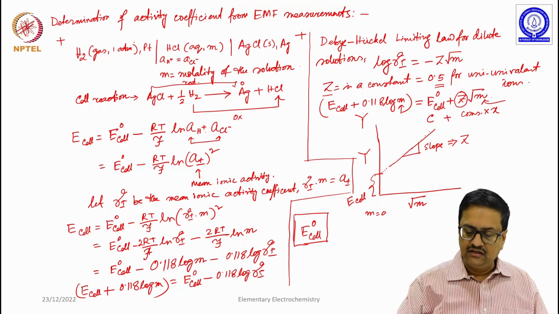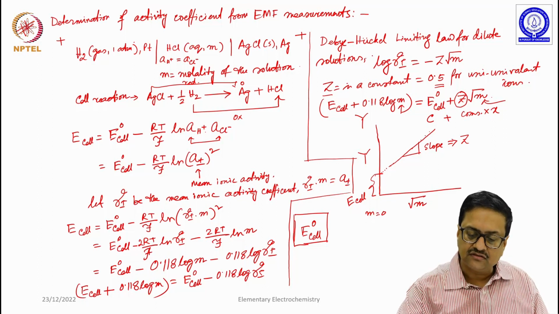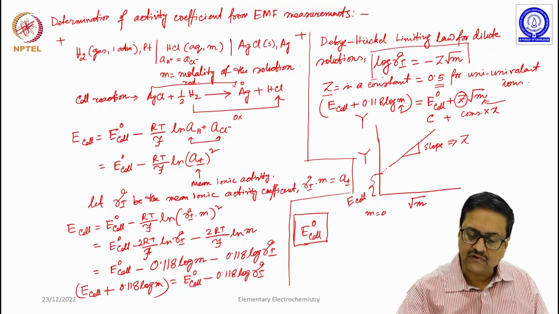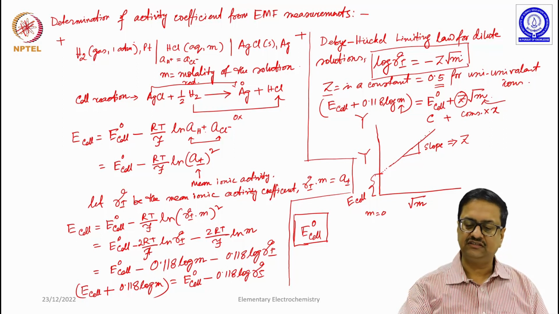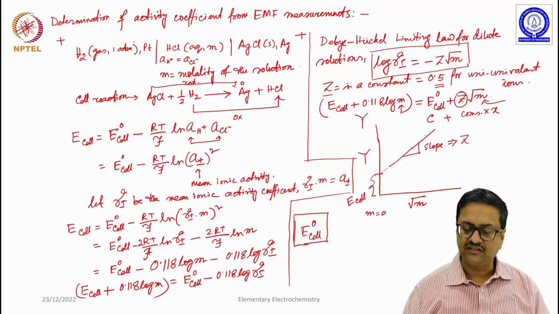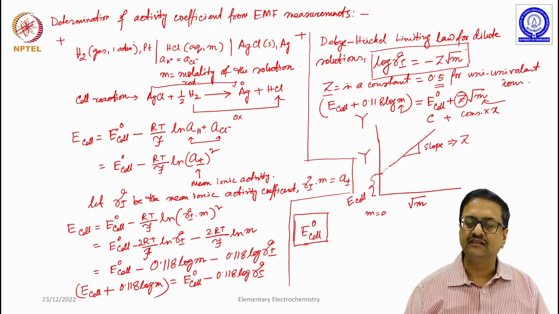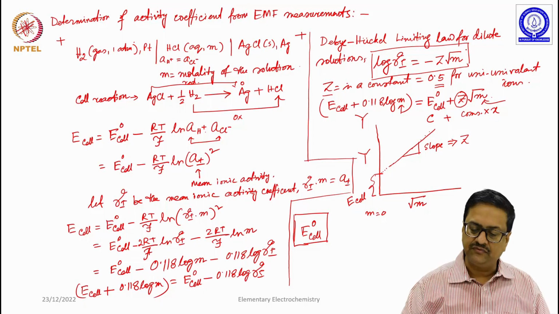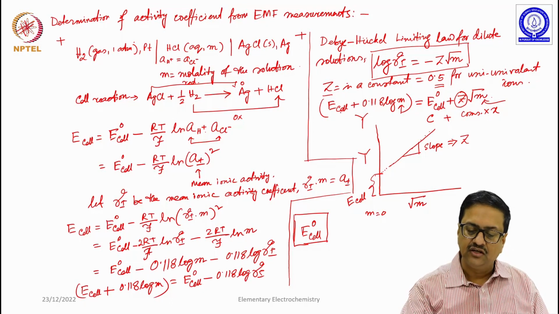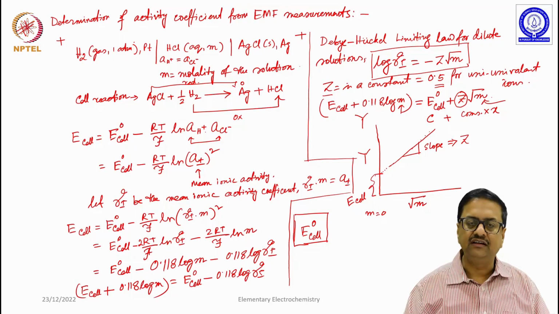Now when E0 cell is found out, one can also calculate the value of gamma plus minus for different values of m using this expression, because now you replace this z square root of m by log gamma plus minus, and from there you can easily calculate the value of log gamma plus minus when you know the value of y from the potentiometer readings.